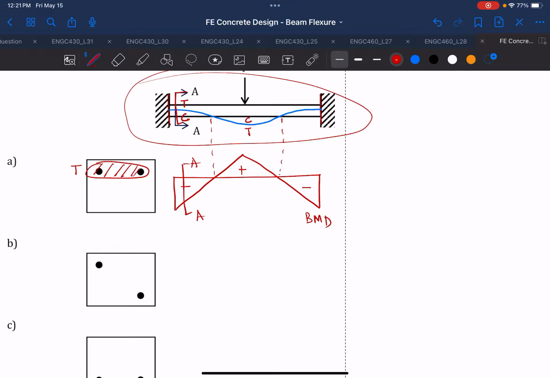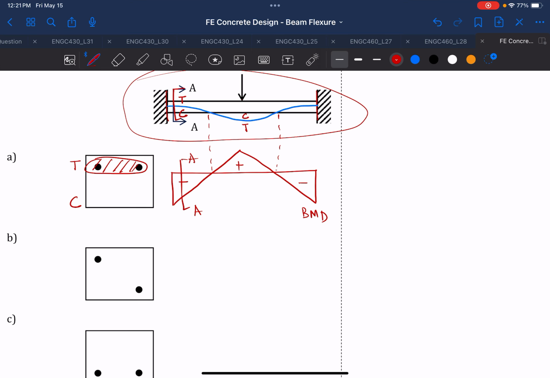There is tension at the top and compression at the bottom, and concrete is very strong in resisting compression, so we don't have to provide steel reinforcement, unless you are designing a doubly reinforced section. But here we are talking about singly reinforced. So this agrees with our concept of reinforced concrete design. So our answer is option A.